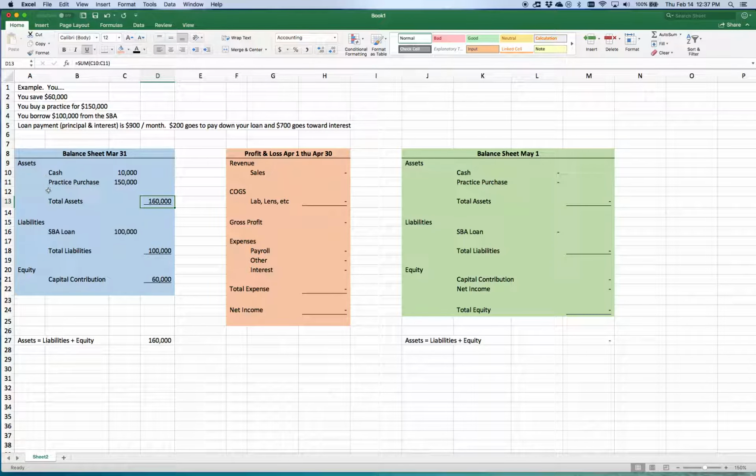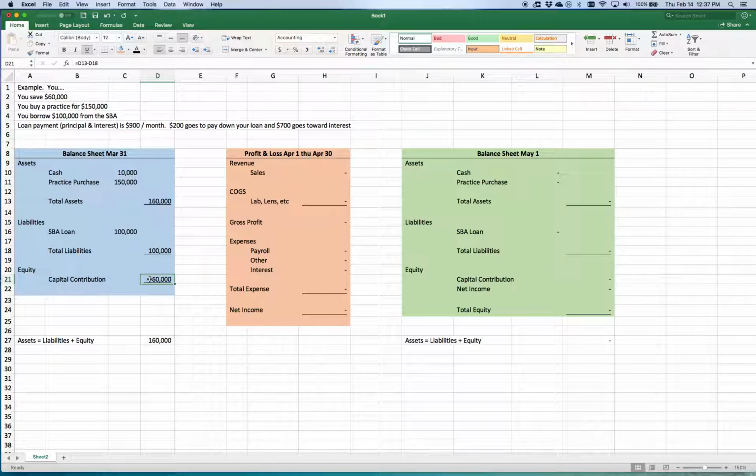However, this is what you own. That's what your assets tell you: what you own. The liabilities tell you what you owe. We know that we borrowed $100,000 from the SBA, so our total liabilities is $100,000. We also know that we contributed $60,000 toward this entire transaction.